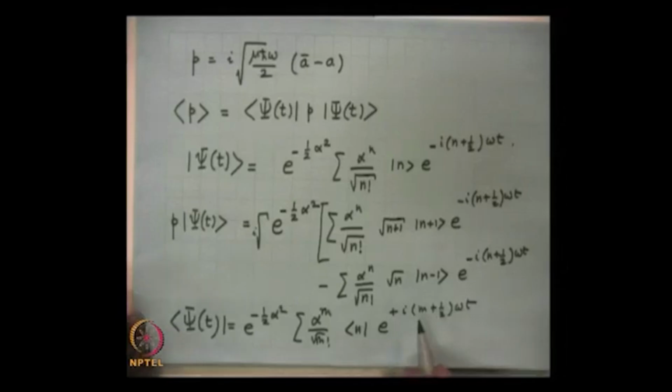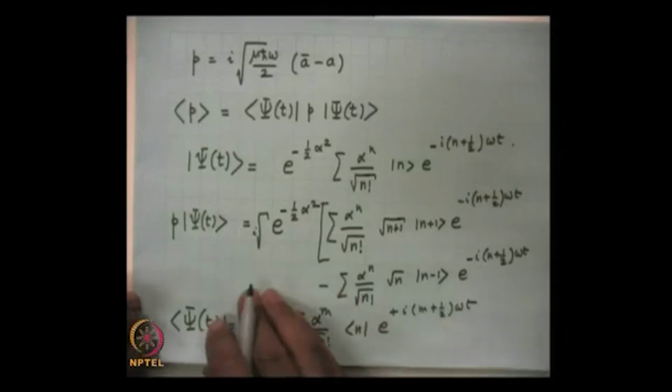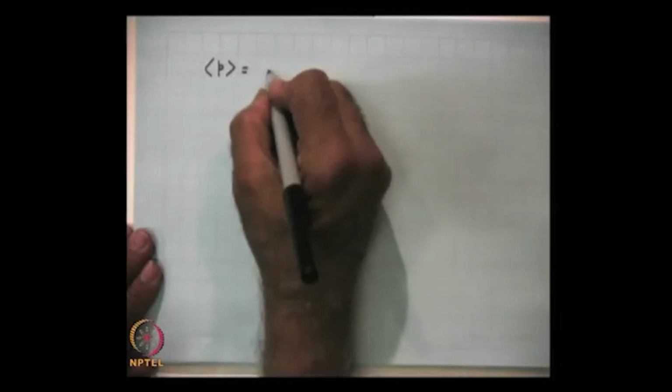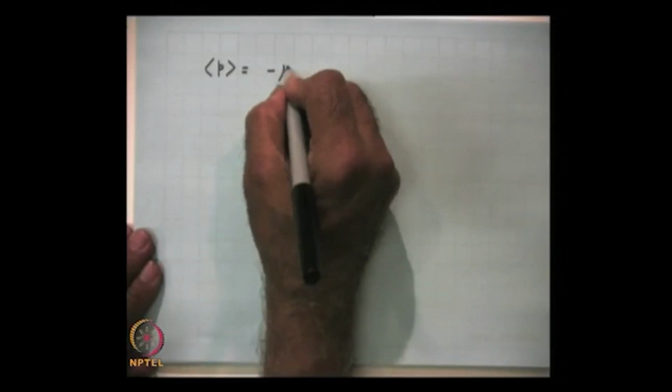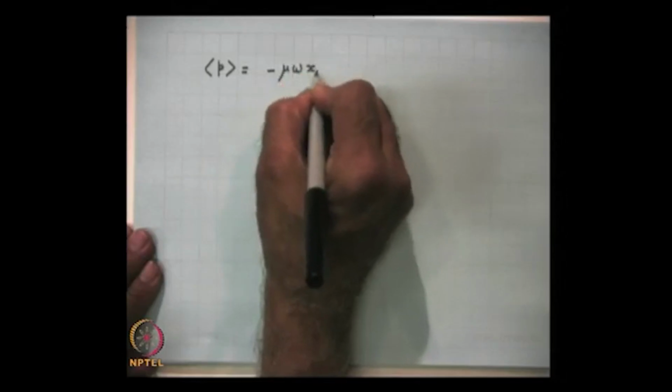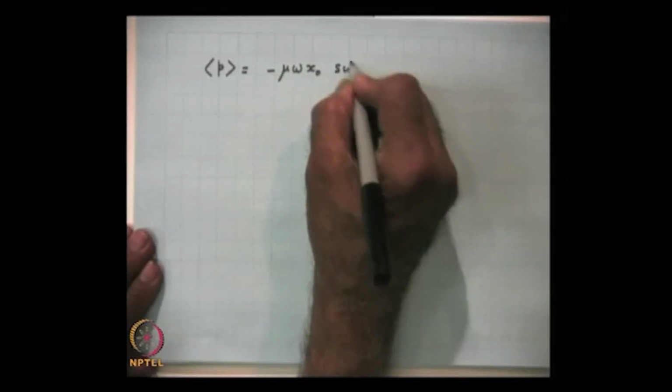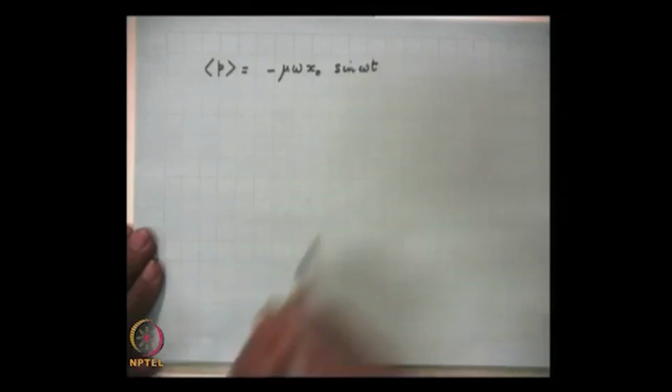So, I redo the same kind of analysis, and it is exactly similar to what we had done for the evaluation of the expectation value of x. I leave it as an exercise for you to show that the expectation value of p will come out to be minus mu omega x naught sin omega t.